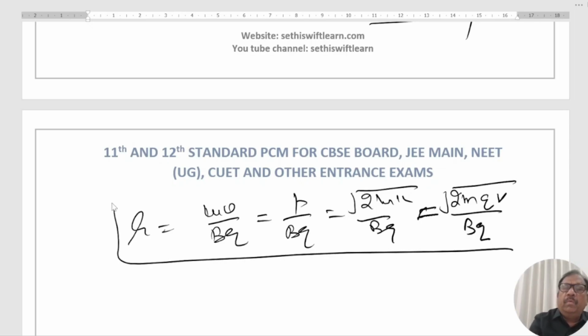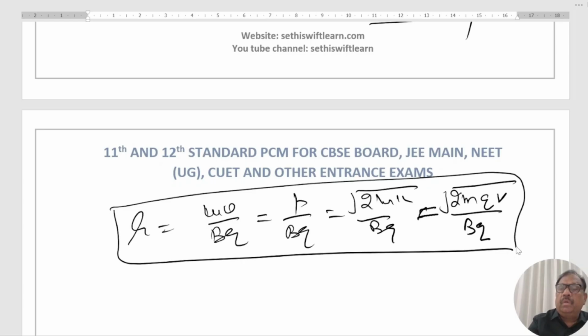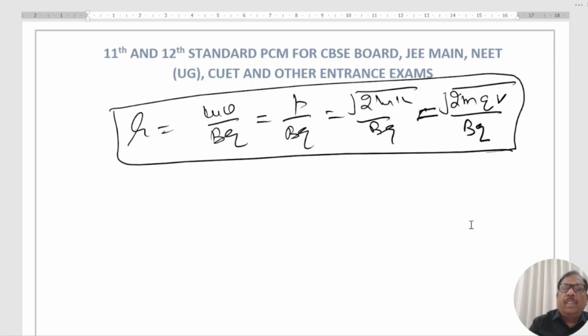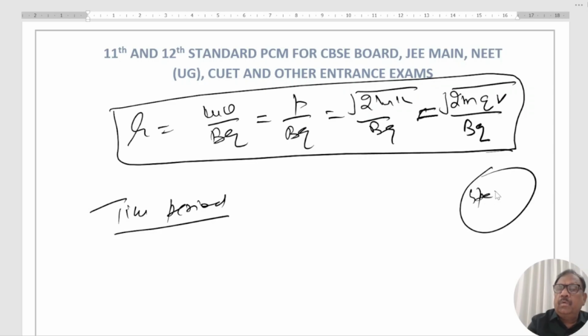Depending on the requirement, we can use any one. Right? And one is the time period. You know, speed is equal to distance upon time.